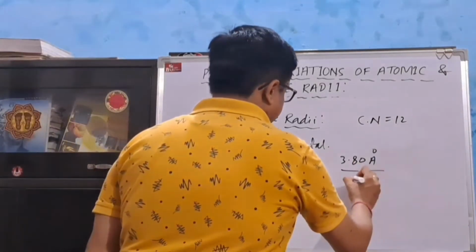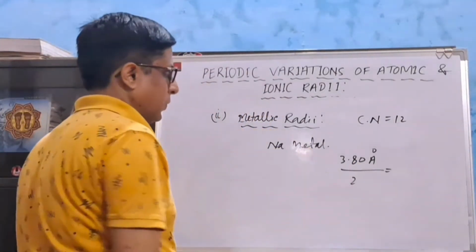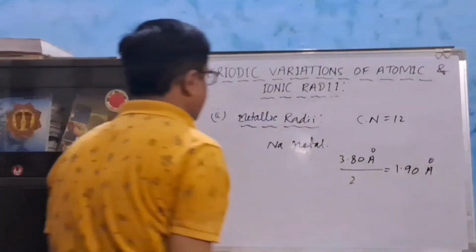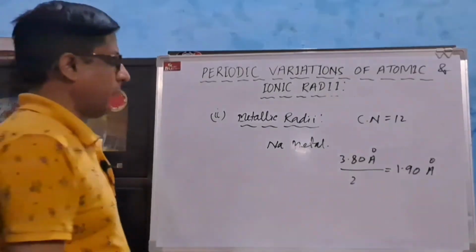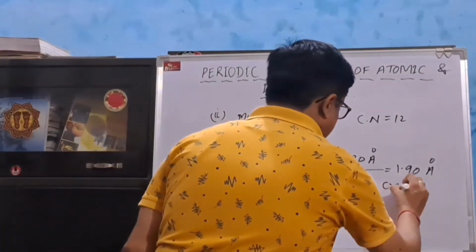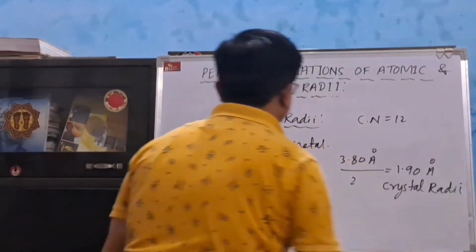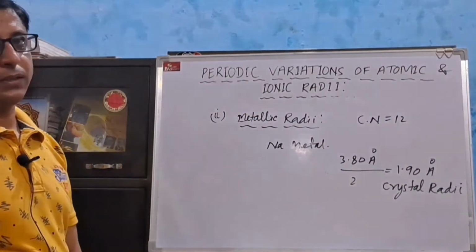Now, if we divide this distance by 2, we get 1.90 angstrom. This is the metallic radii or crystal radii of sodium metal.